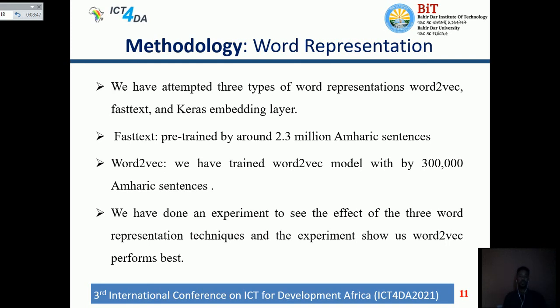We have done many experiments to see their effect, and among the 3 word representation techniques, the one which performs best was selected. Word2Vec was the best performing word embedding technique for the proposed work, and as we have understood from the experiment, the reason Word2Vec performs best is that we have used a domain specific corpus for Word2Vec.